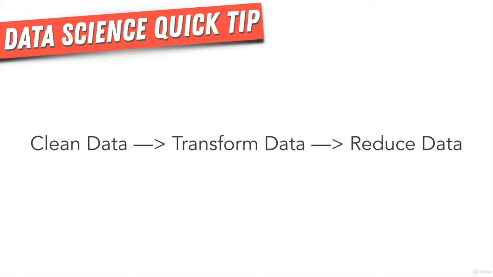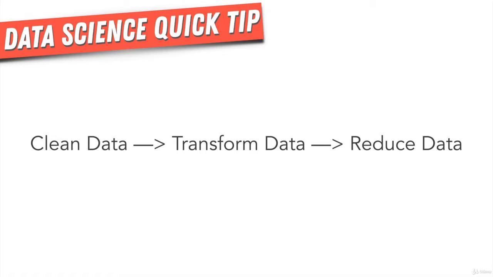So once we've cleaned the data and transformed the data, next is to reduce our data. Why reduce our data? Don't we want as much data as possible? Well, theoretically, yes. But remember, everything costs money. The more data we have, the more CPU and energy it takes to run our computation.